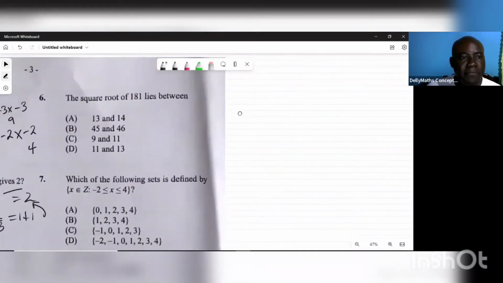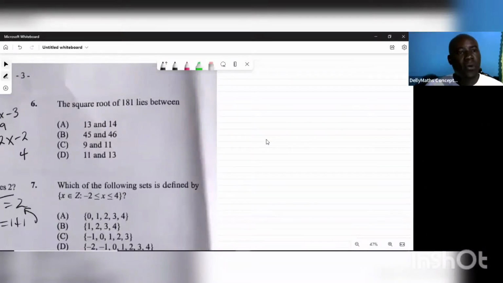Question 6 says, the square root of 181, where does it lie? As you can see, you're going to have to know your little square numbers now. Come on, you have to know your square numbers. Definitely, we know that 11 square is about 121. 13 square is 169.